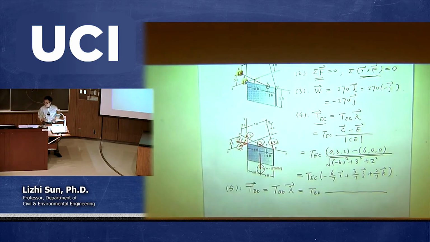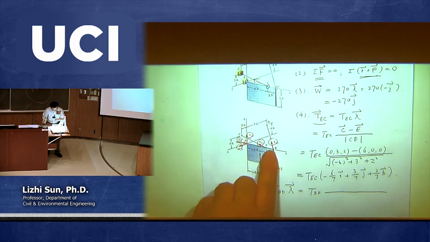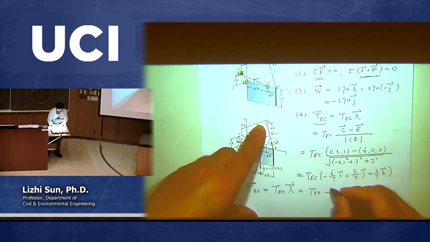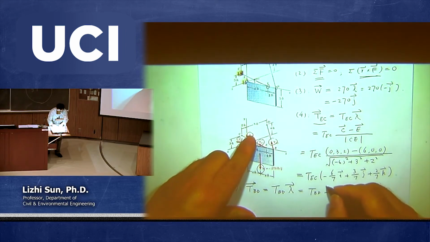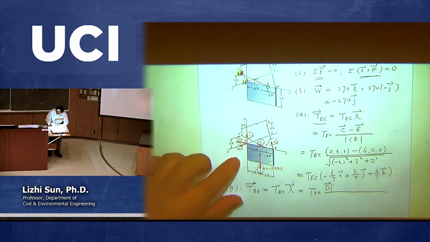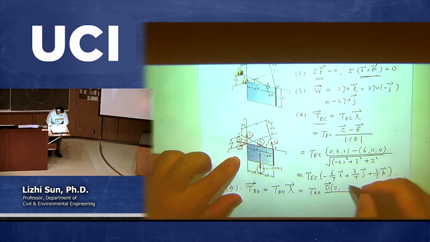This time, lambda should be determined by the other 2 points, point B and point D. And the force direction is from B to D. So in other words, it's D subtract B. So what are the 3 components of point D? 0, 4, and then negative 8.